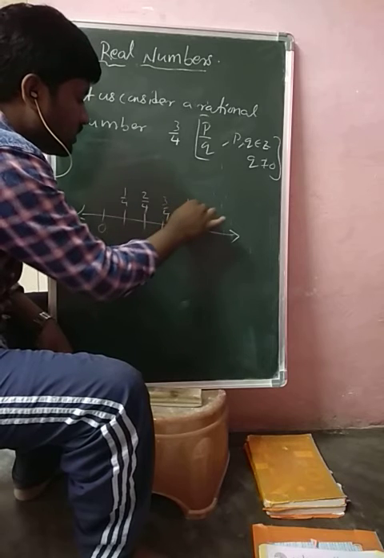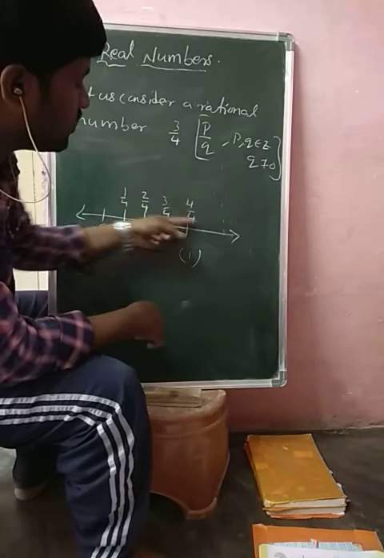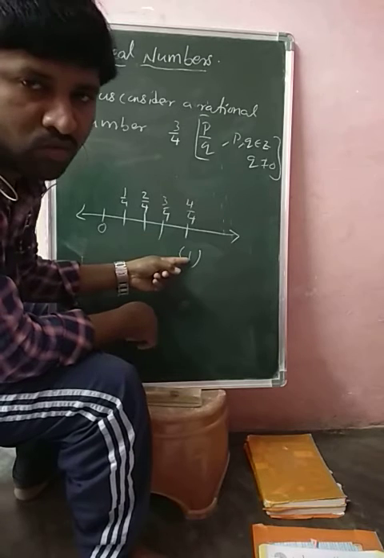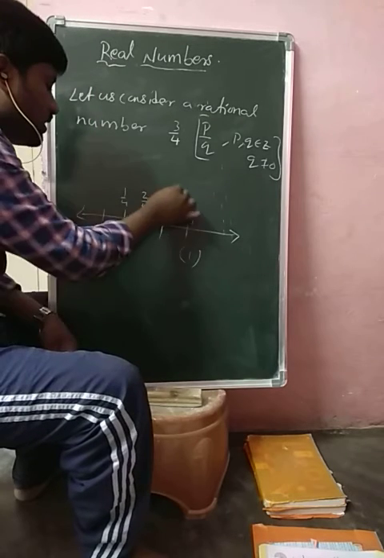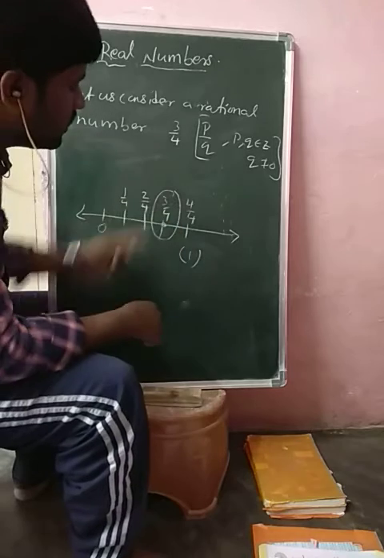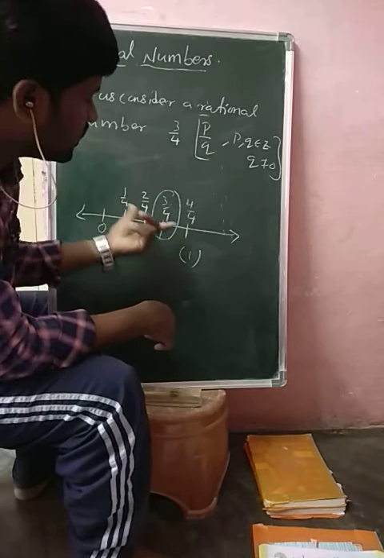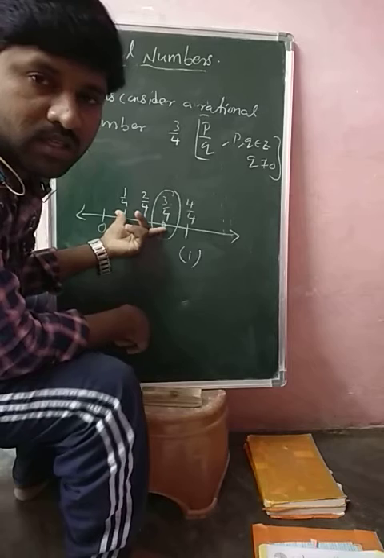Here that is nothing but 4 by 4, and 4 by 4 means 4 cancels, that is 1. So clearly, this is the number. 3 by 4 is the required rational number. So like this we can represent rational numbers on the number line.